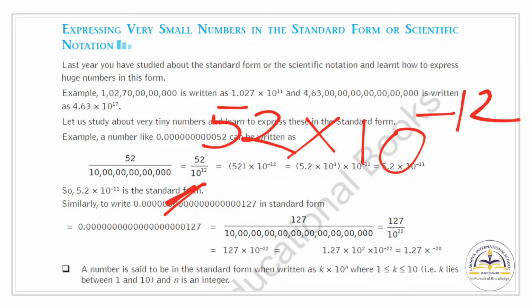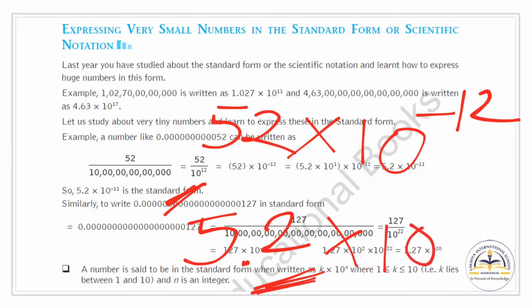Now if we write it in the standard form, that is 5.2 into, we have the decimal point in between the two numbers, and one number is after the decimal point, so 10 to the power minus 11 here. If it is plus, we will write 10 to the power; if there is 10 to the power 12, we will write 10 to the power 13, which means we add plus 1.